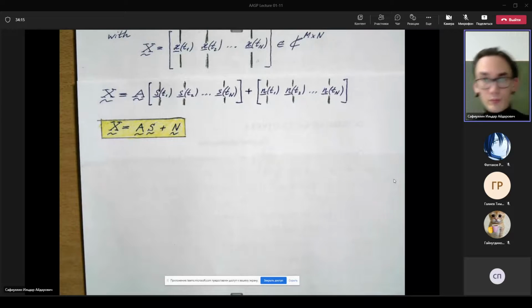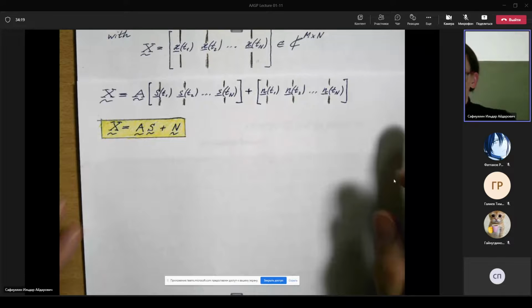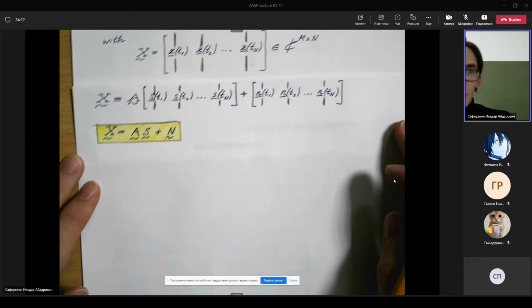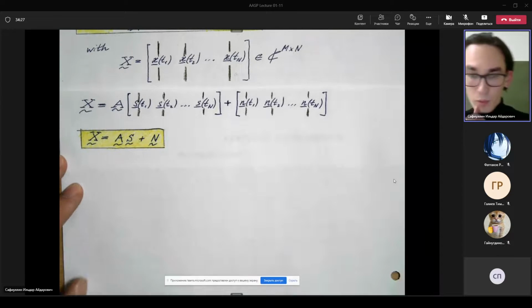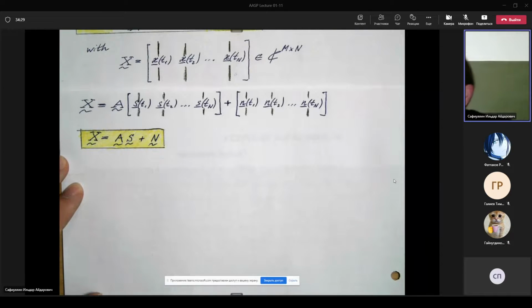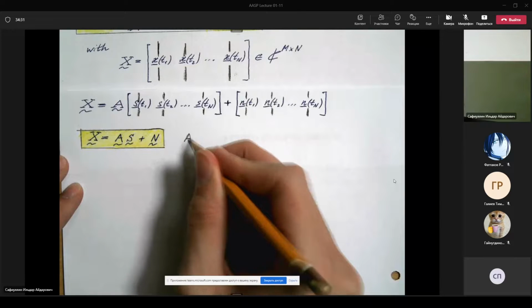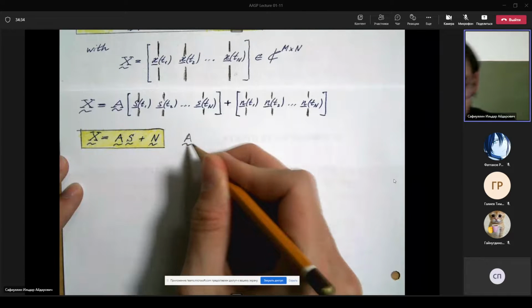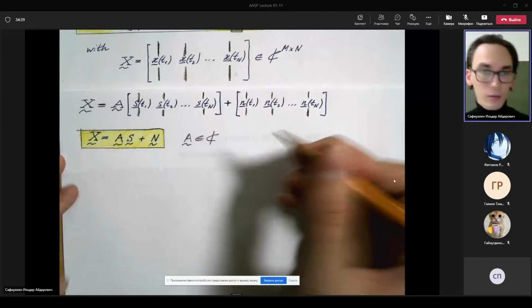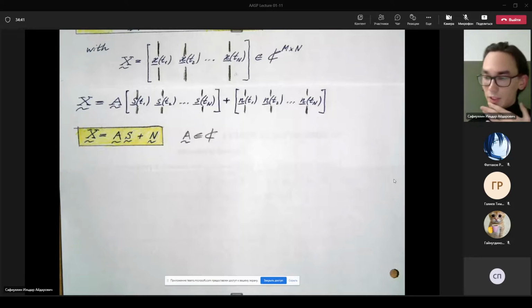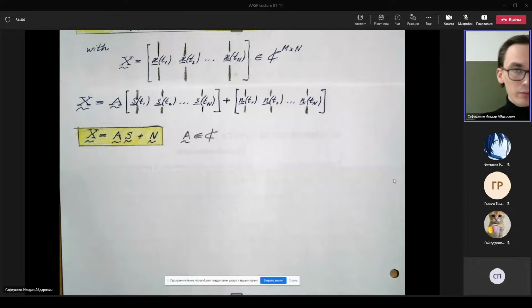And what about the sizes of these matrices? Before, we wrote that matrix X is of size M times N. So what will we have for matrix A here? A is complex. Do you have some ideas for the sizes of matrix A if the size of the matrix X is M times N?